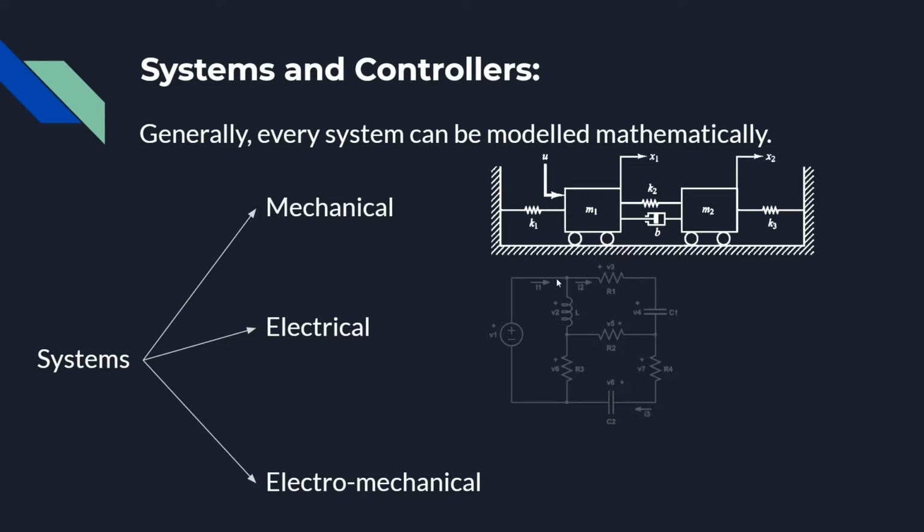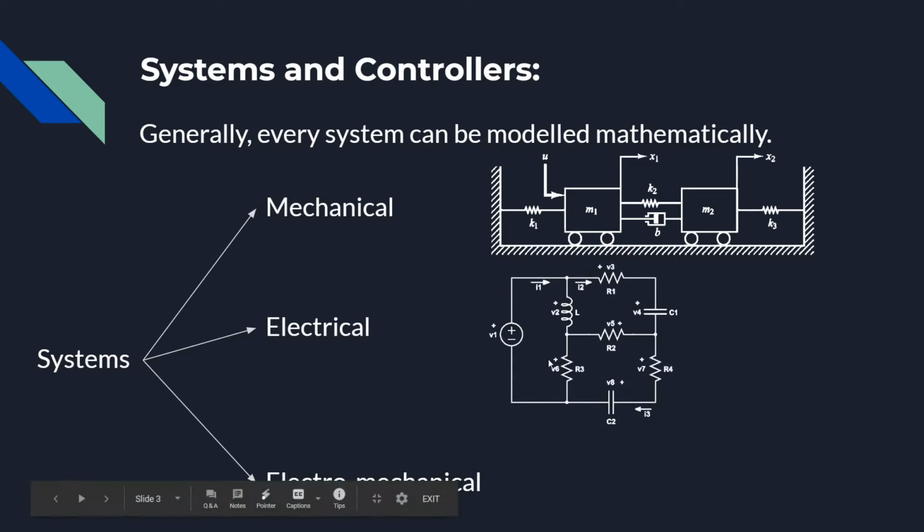The next type of system, an electrical system, would be of this form, where we have inductors, capacitors, resistors, voltage sources, currents, and things like that in literally any configuration that we could think of. Even this could be modeled mathematically, because we all know the voltage across an inductor is L di by dt, and the voltage across a capacitor is 1 by C integral of i dt.